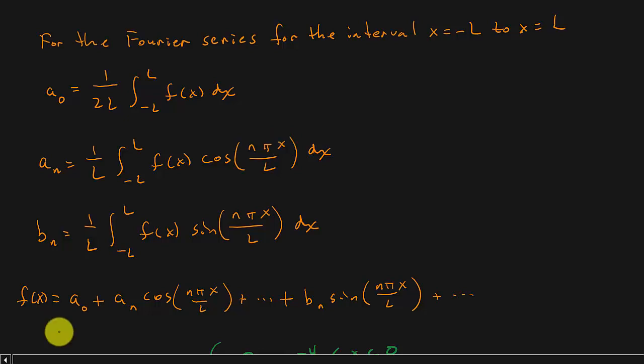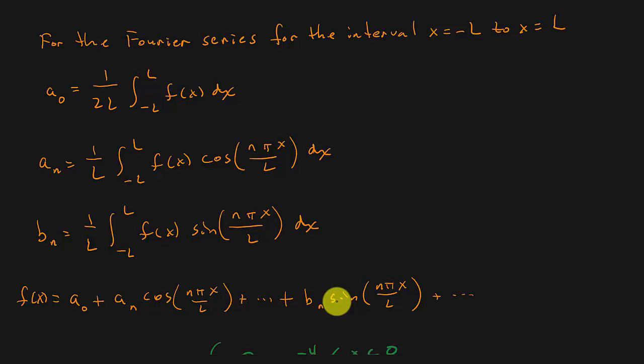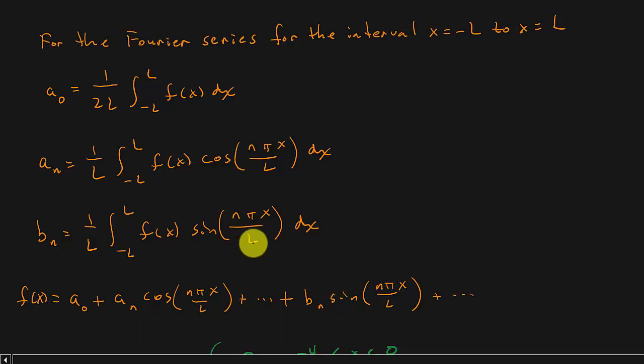You see that? And that's the same thing here, and then our Fourier series would be a0 plus a sub n cosine n pi x over L, and then b sub n sine n pi x over L. And of course, your n here would be 1, 2, 3, 4, 5, and so on. Okay, so it's basically the same thing that we're doing, except L is not pi anymore.